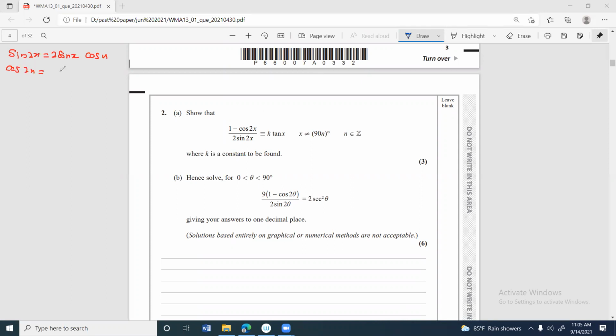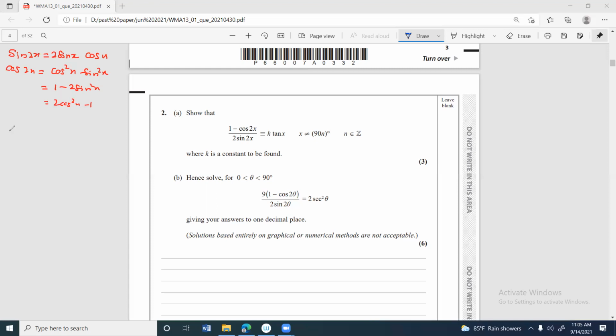There are a couple of formulas you can see: cos squared x minus sin squared x, or 1 minus 2 sin squared x, or 2 cos squared x minus 1. Then let's try to write down these facts.